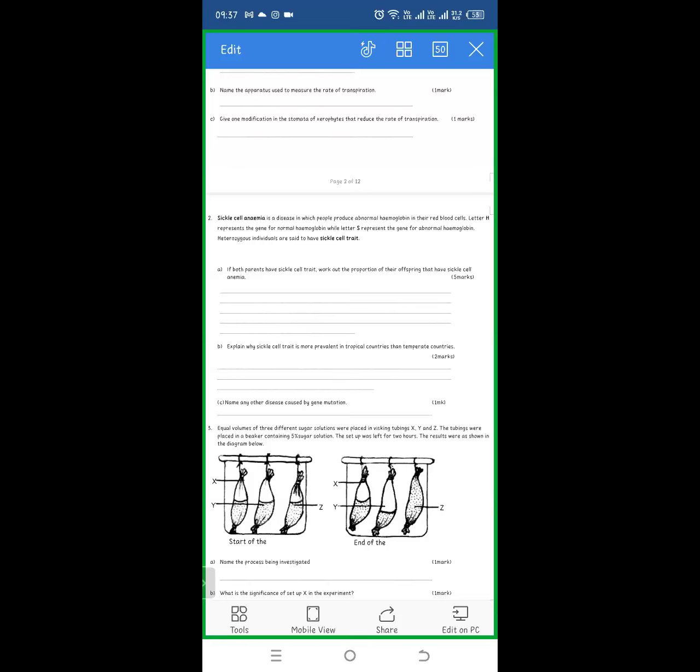So it is codominant. And please let us note that this is not sex-linked.